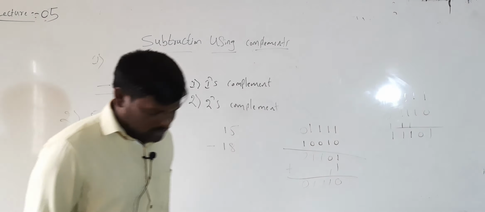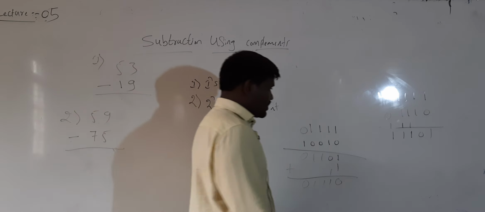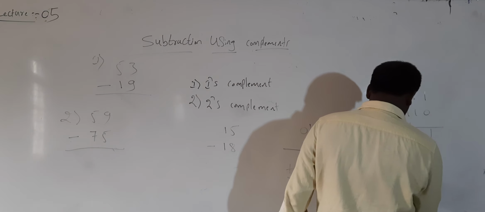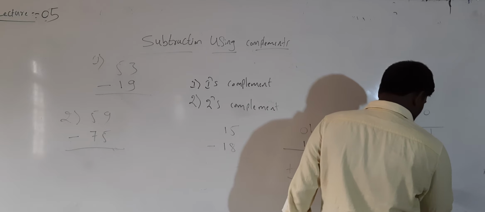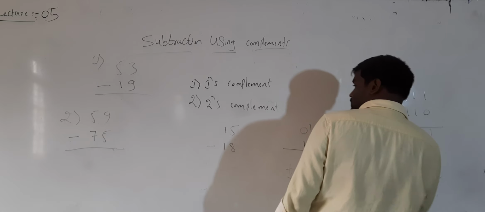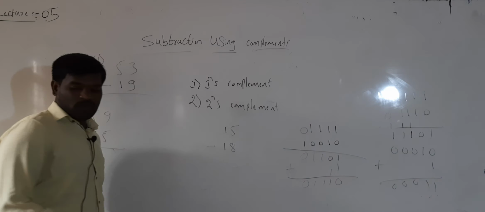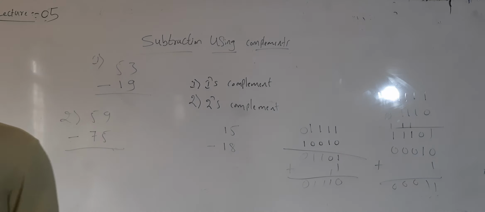So how to convert this to the 2's complement? Say 0, 0, 0, 1, 0 plus 1, 0, 1, 1, 1, 0, 0. So this is the method for solving the 2's complement subtraction.